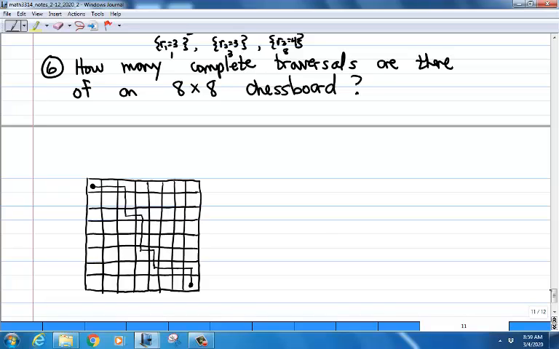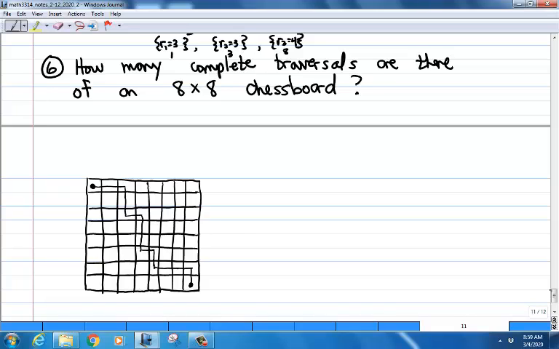Well, I think I know the number of rights, though. In a complete traversal, how many moves to the right do there have to be, ultimately? Is it 8? No, 7. Yeah, there have to be 7 moves to the right. And how many moves down? 7. To get from left to right, you have to have 7 moves to the right, and to get from the top to the bottom, you have to have 7 moves down.